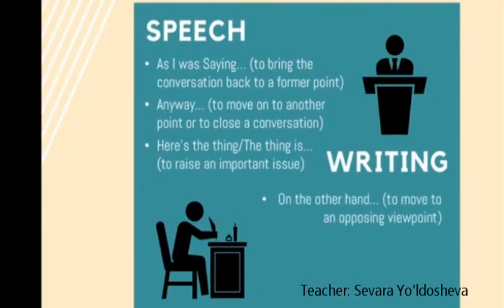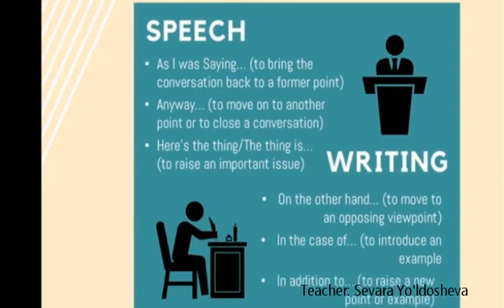On the other hand, examples of discourse markers used in speech are, on the other hand, which is to move to an opposing viewpoint; in the case of, which means to introduce an example; and in addition to, which is to raise a new point or example. All of the discourse markers I've stated, as well as the other discourse markers, can be used in all of the three macro skills. Not one is limited to just being used in reading, writing, or speaking.